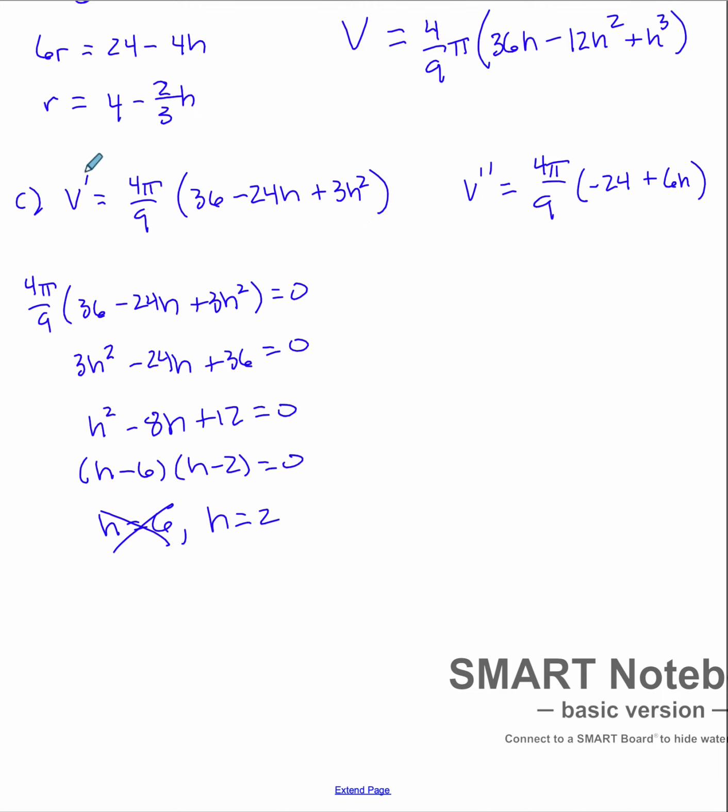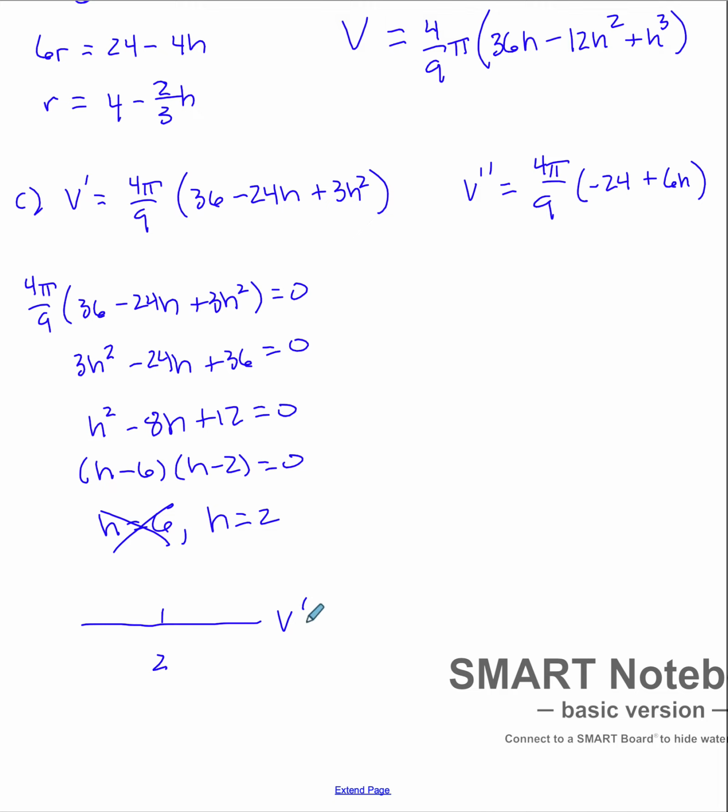We took the derivative of the volume, so we're finding the max or the min, but in this case, the max volume of the cylinder. So if the value of h is 2, then we should be able to find that this is a maximum.